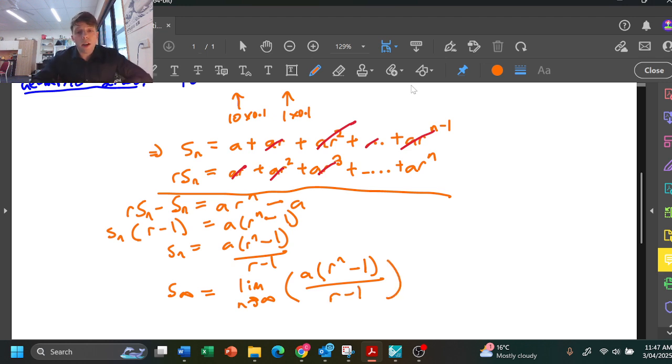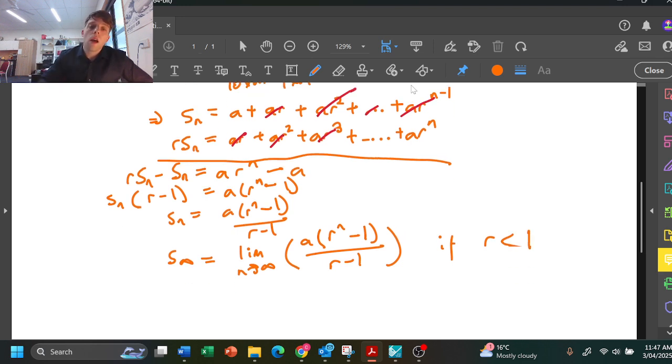Well, if this common ratio is, say, less than 1, we're going to notice that this term here, r to the power of n, is going to tend towards 0.